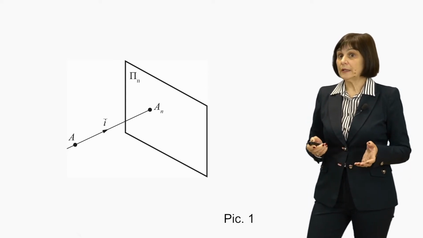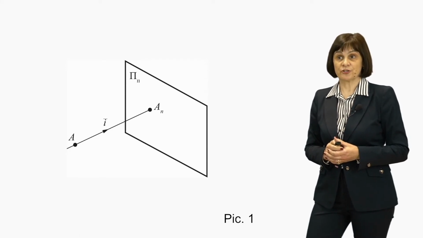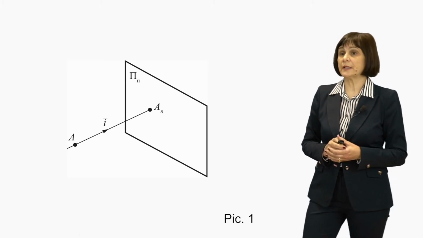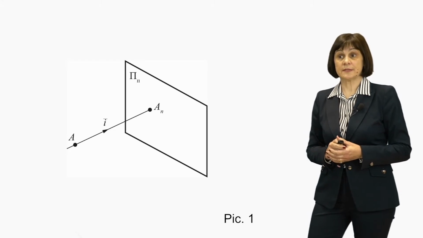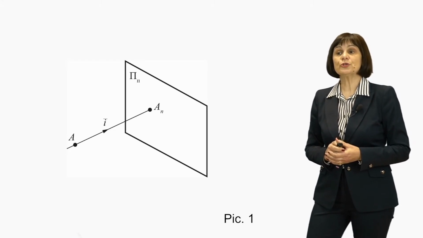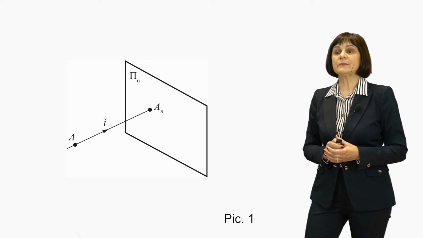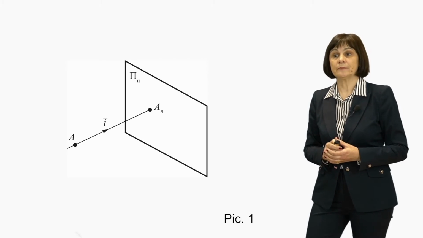And now let us talk about the types of projection. There are two types of projection, central and parallel. What's the difference between central and parallel projection? In the first case, central projection, the source of rays, point S, is located at some distance from the projection plane.